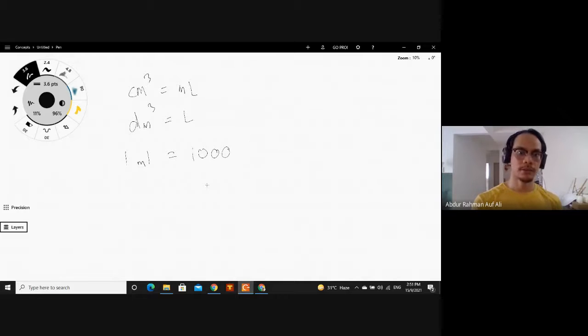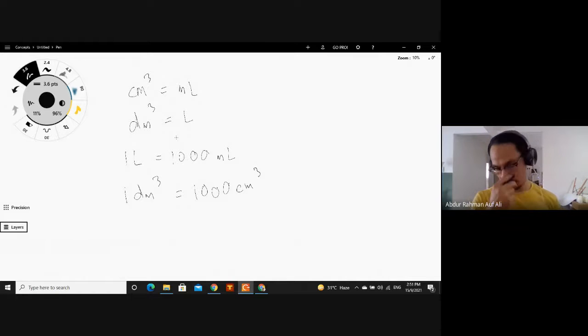Rewind, jangan terhasut. 1 liter equals to 1000 milliliter. 1 decimeter cubic equals to 1000 centimeter cubic. Okay, ini dia punya relationship lah antara liter, mililiter dan dm cubic dan cm cubic. So all of them can be used to measure volume. All are unit for volume.